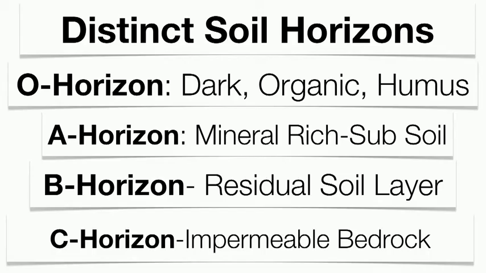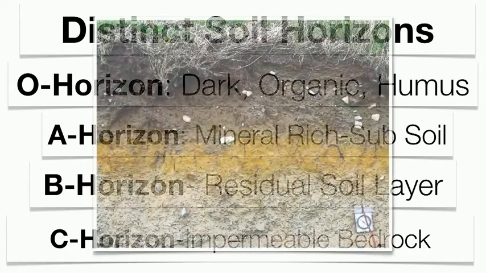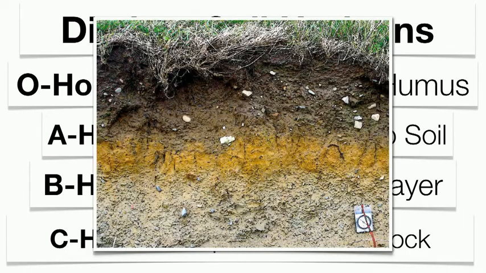So out of those four horizons, the O horizon is by far the single most important layer that you're going to need to know because of its organic content, the fact it's made up of weathered rock remains, it's also very dark in nature, and it's also called humus. With that being said, this is an actual photograph of some of the different layers.